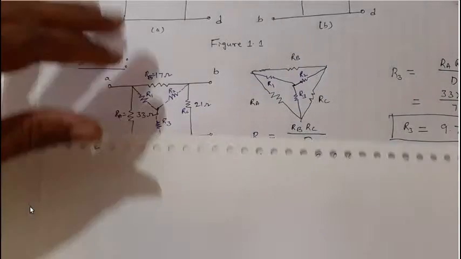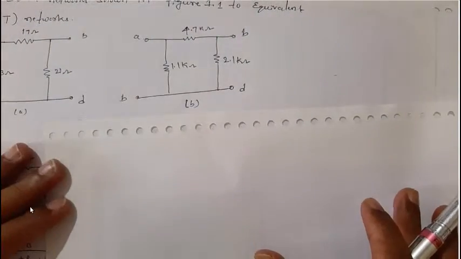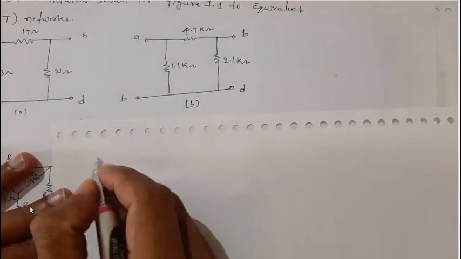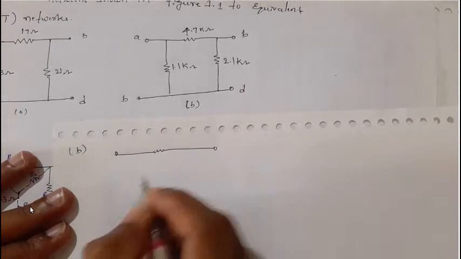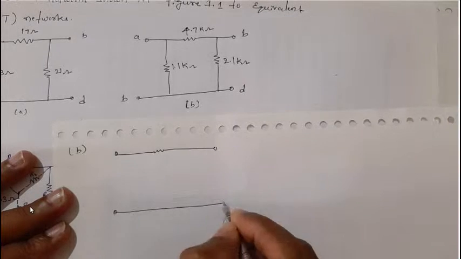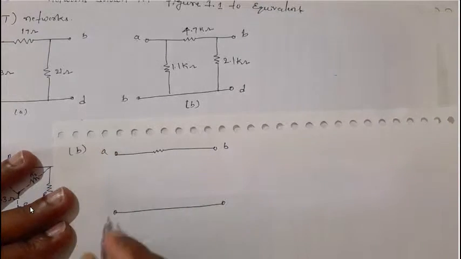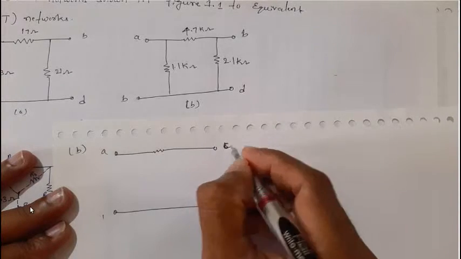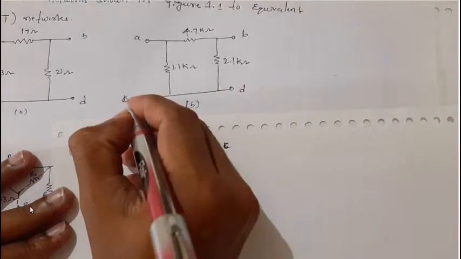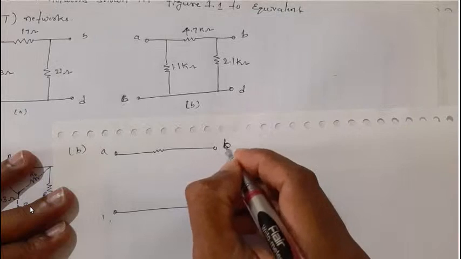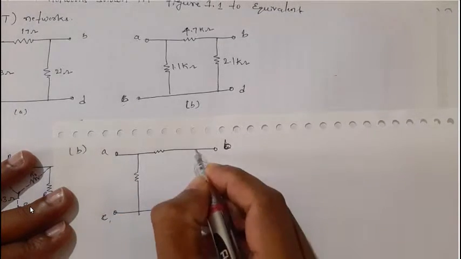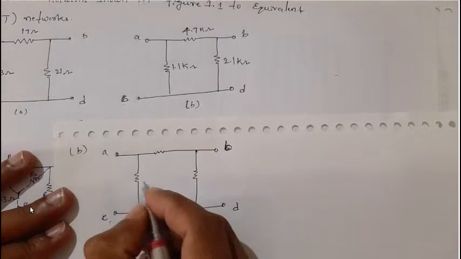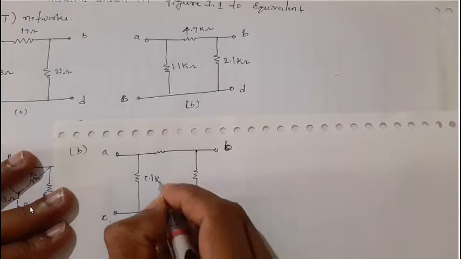This is the second network. Let me take this network, this is network B. Here we have A, B and C, D. There is one resistor, and it looks like a pi network; pi or delta, both are one and the same.